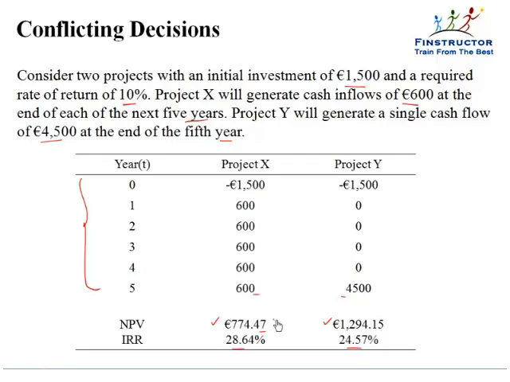So in such a case, which project should I choose? Should I choose project X or project Y? Remember, the projects are mutually exclusive. That is, only one of them can be taken. If the projects were not mutually exclusive, then both could have been accepted, rather both should have been accepted, because both are positively impacting shareholder wealth.